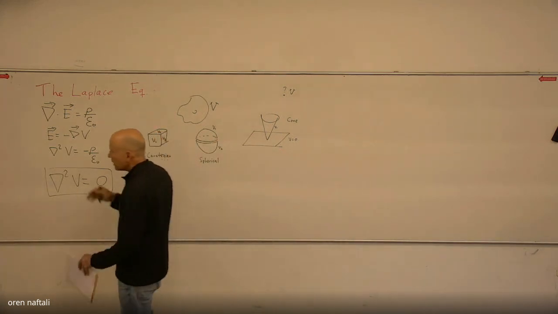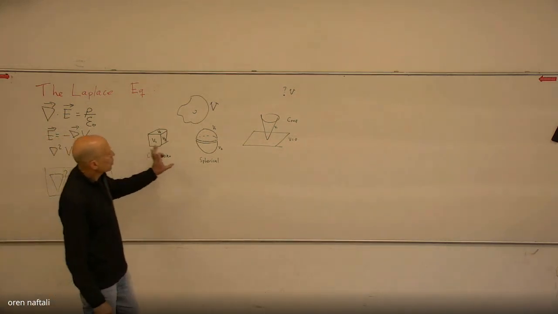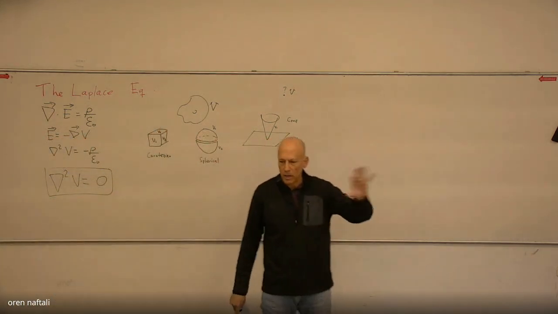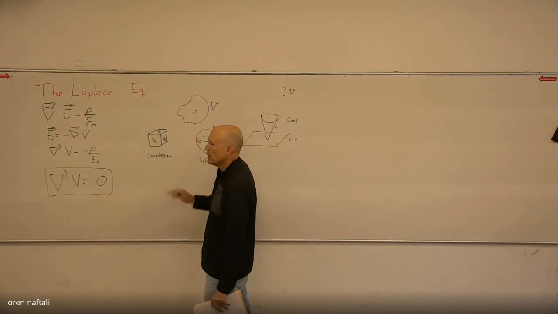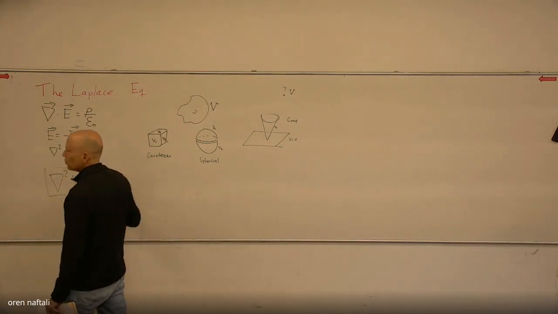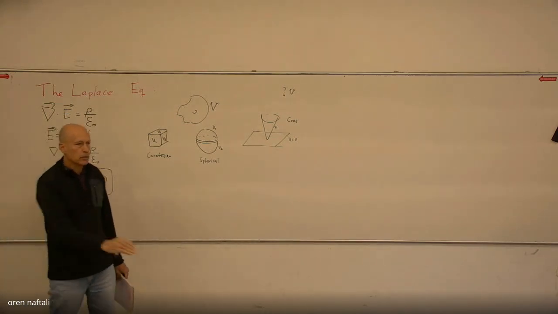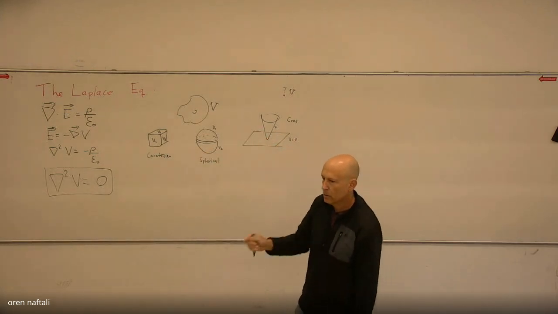Now, in each type of coordinate system there is a different Laplacian, and in each there are special functions. In Cartesian coordinates, we will show, it will be the exponential decay or exponential growth, or the cosine and the sine.